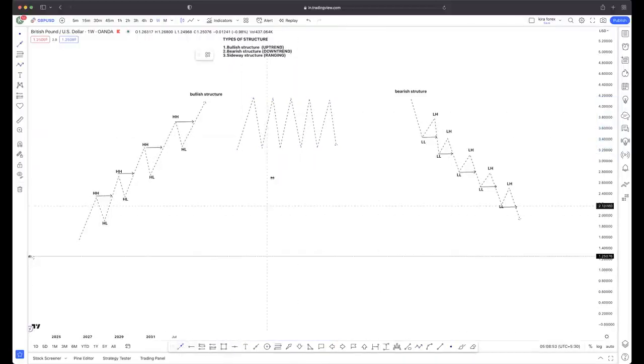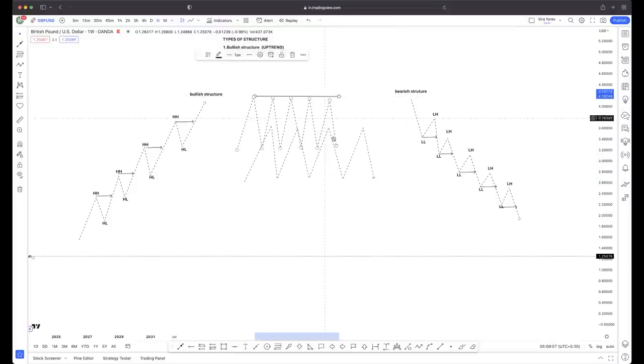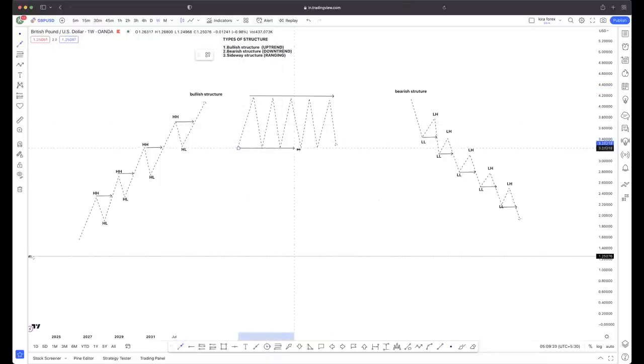The only thing that is happening in this type of structure is equal highs and equal lows. So people who buy or sell within this structure only buy at the low and sell at the high.